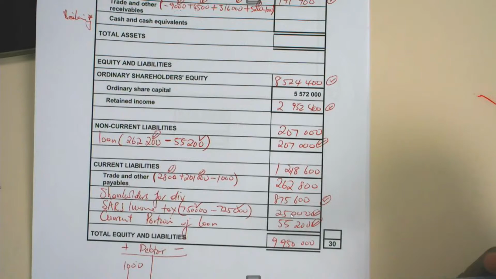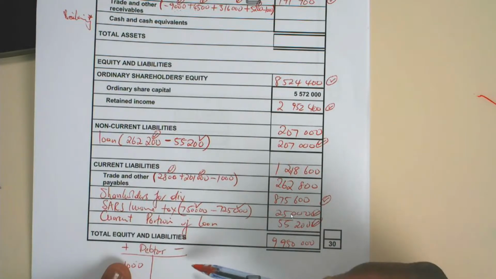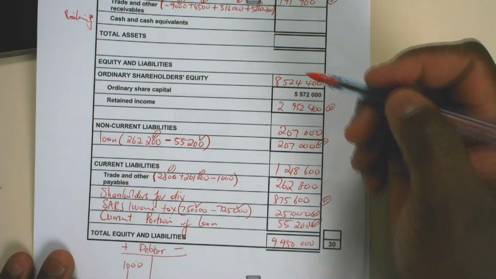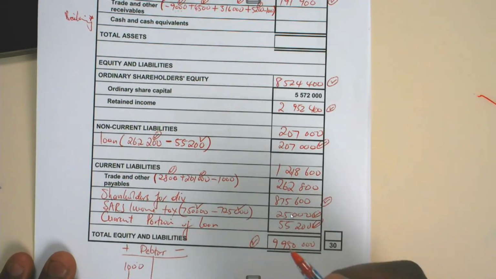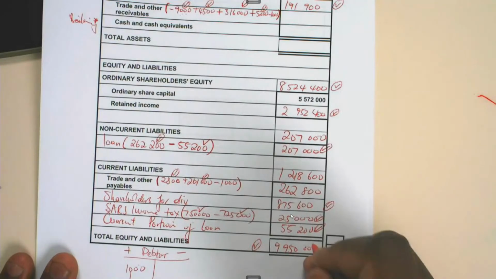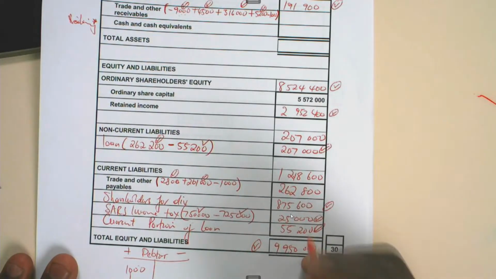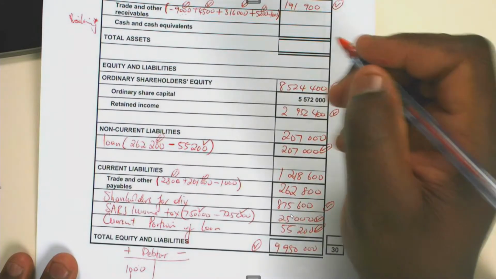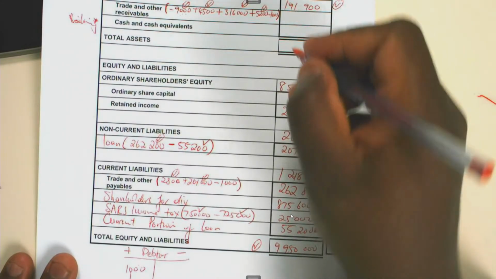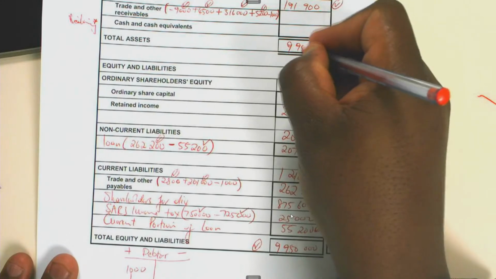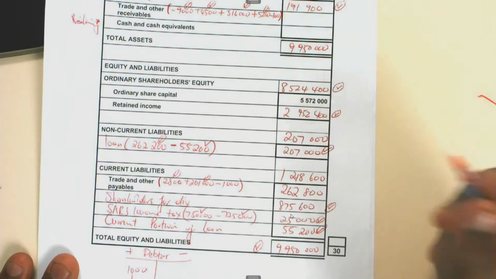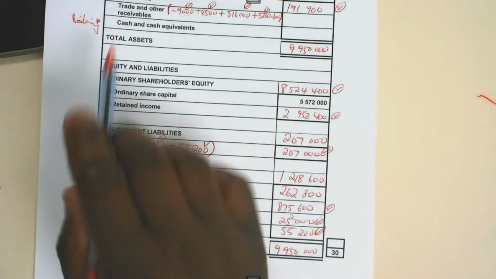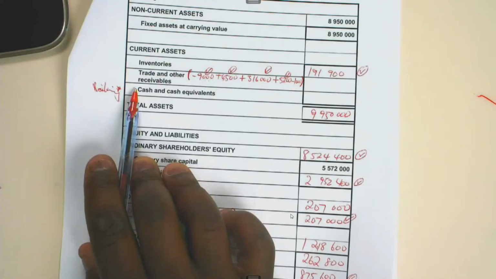Remember, this is the balance sheet. Total equity and liabilities must equal your total assets. So now you take the very same answer as your total assets, 9,950,000. Remember, the balancing figure is the cash and cash equivalents.